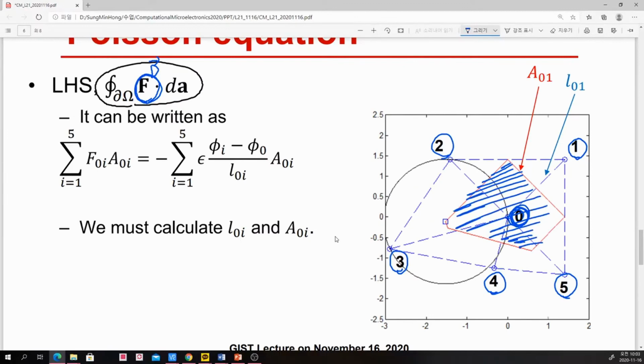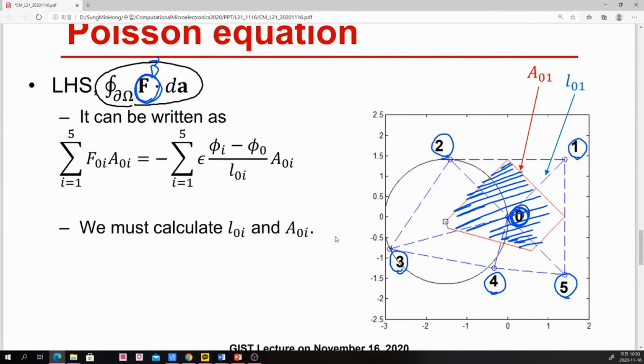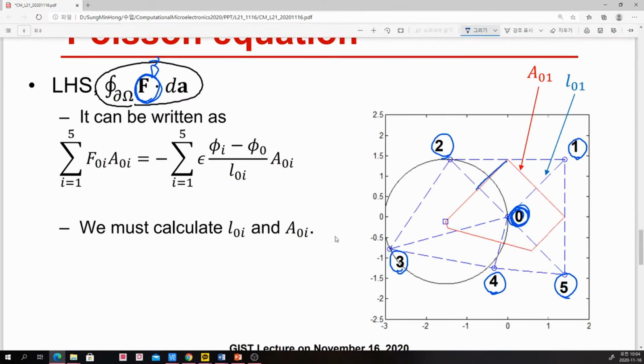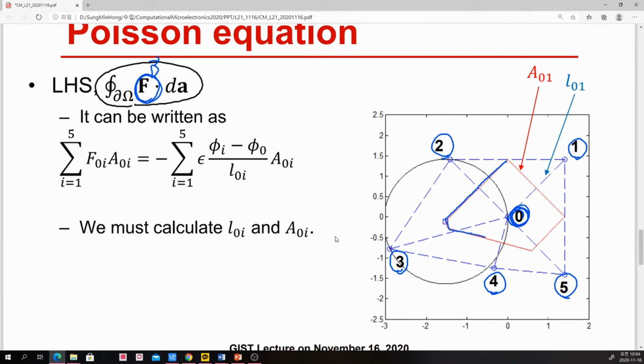This red polygon just shows the omega, and what is the round omega? If we are talking about round omega, then it will be actually the lines like this. That will be the round omega.